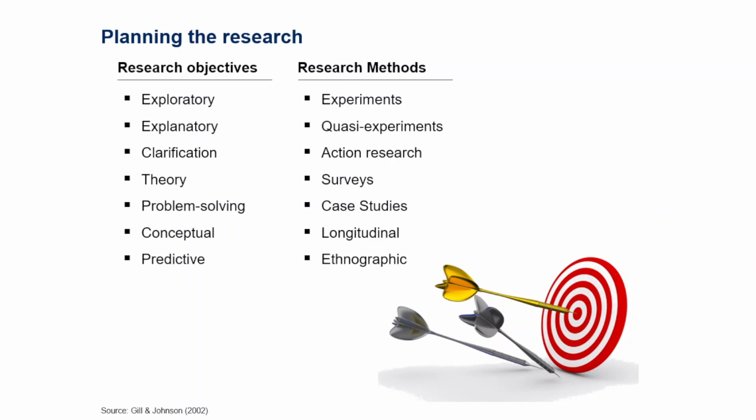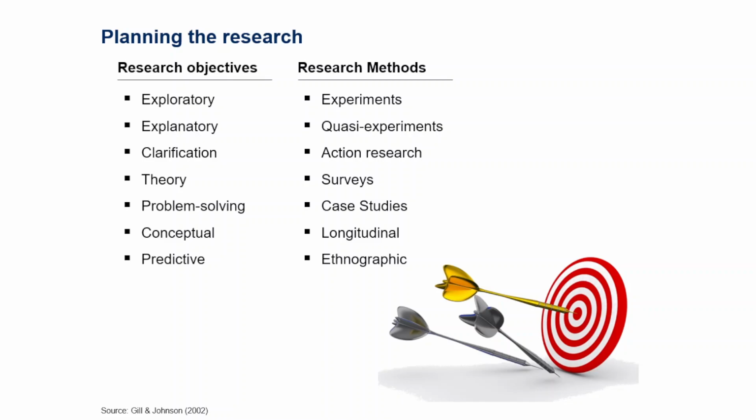So after we have defined what the research objective is, then we go into research methods. And here we have basically 7 core research methods, which we will look at in a later video. Just briefly here, the methods are experiments, something called quasi-experiments, so something in between experiments and the next one, which is action research.